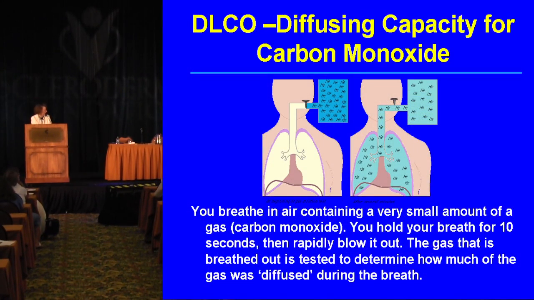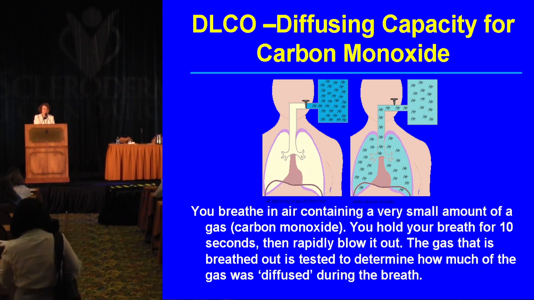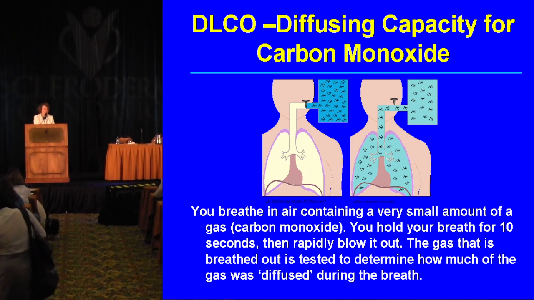The diffusing capacity, basically you're breathing in a small amount of gas, or this carbon monoxide, and as you breathe that in, you're told to hold your breath, and as you're holding it, that gas diffuses into your bloodstream. Then you breathe it out, and they measure how much you breathe out, and by telling the difference between how much you breathed in and how much you breathed out, they can tell how much was diffused into your bloodstream.